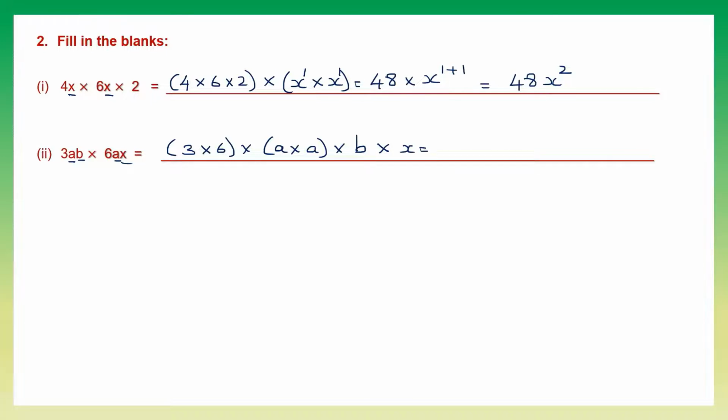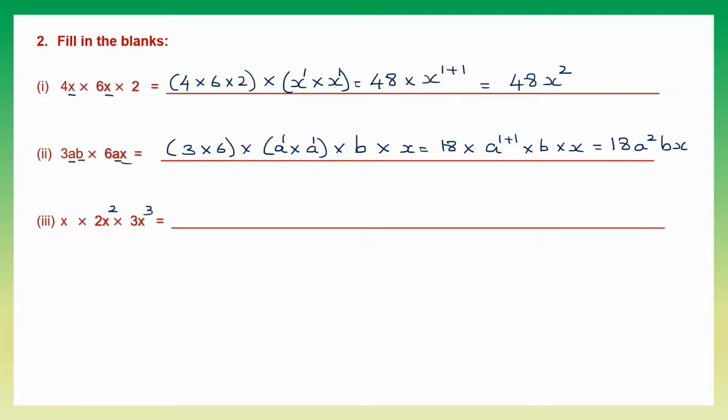So now this will become 3 6s are 18 into a to the power of 1 plus 1. So that is 1 plus 1 into b into x. So what's our answer? 18 a square bx. That is our answer. Question 3.